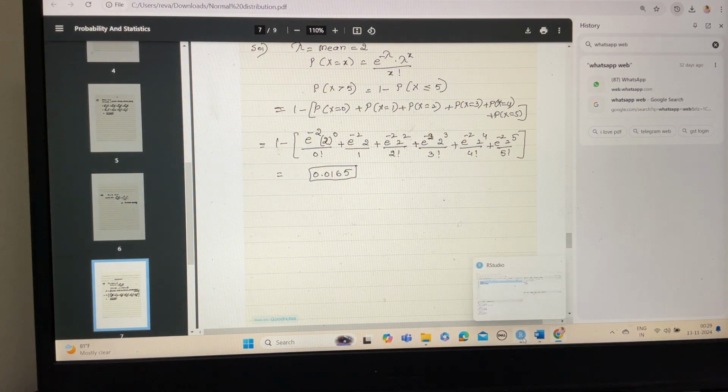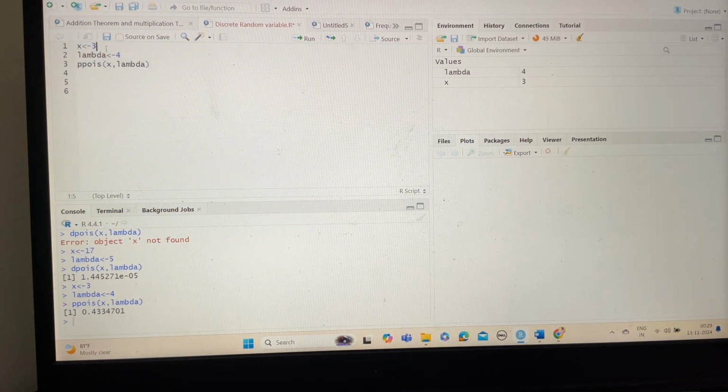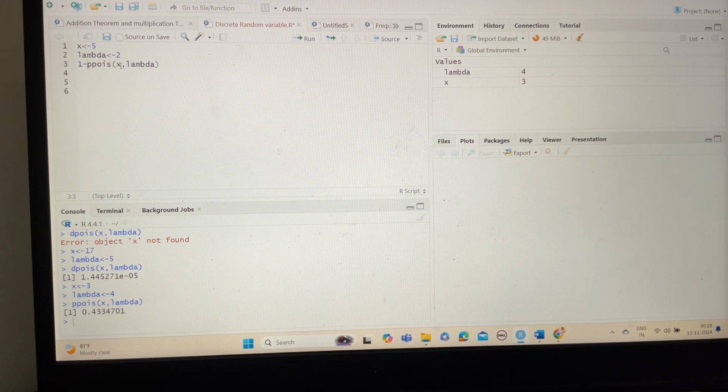And now what is the command for this? Now let us see what is x. X is 5, lambda is 2. So now we need to find out at most. So it is 1 minus ppois of... Now actually if it is greater than or equal to 5 that is asked, then it is x minus 1.